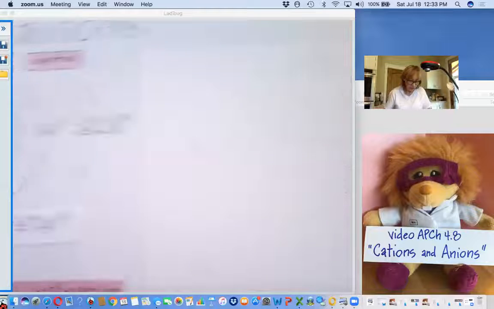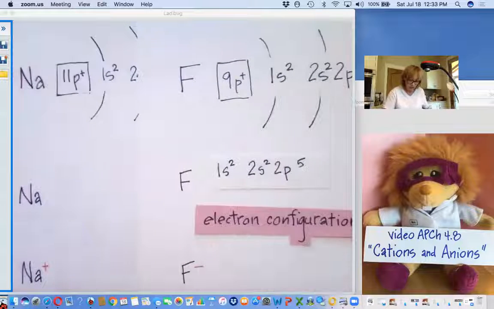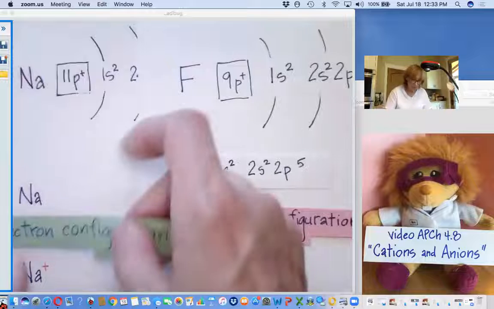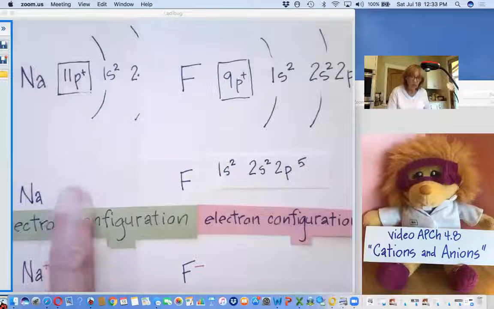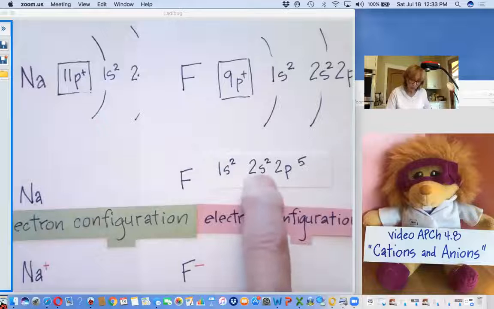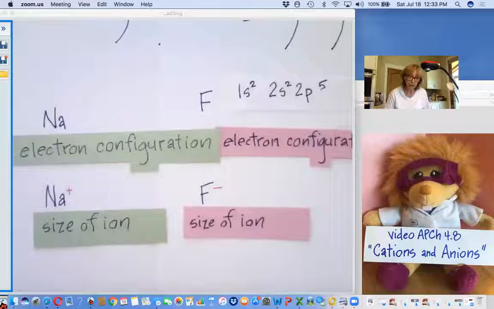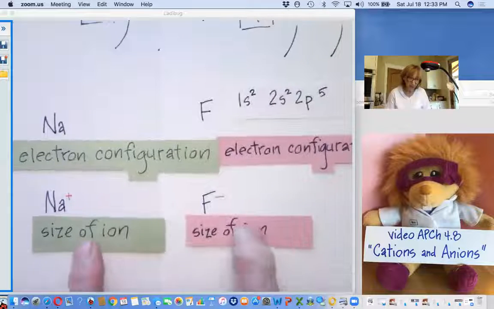I also want you to be able to write electron configurations for either metal atoms or their cations, non-metal atoms or their anions. And of course, recognize how the size of an ion differs from the size of its atom.